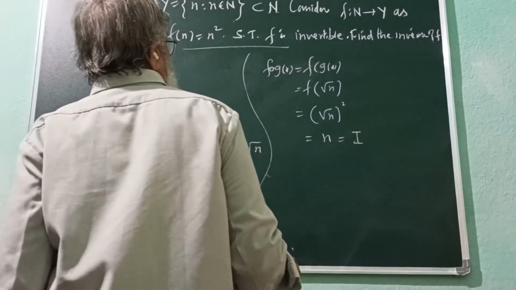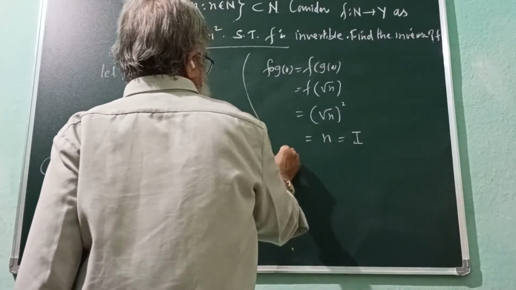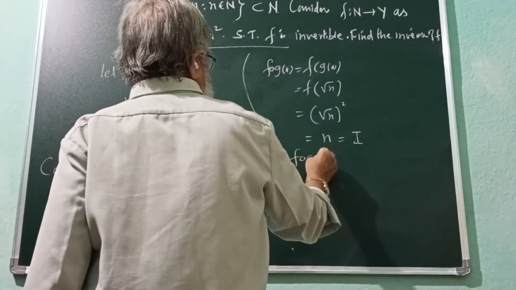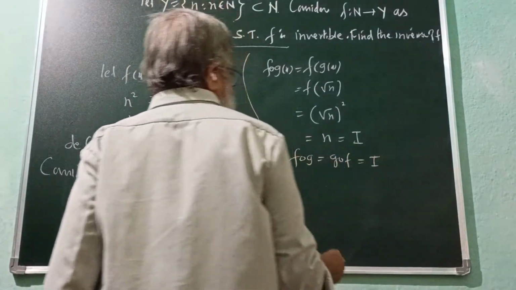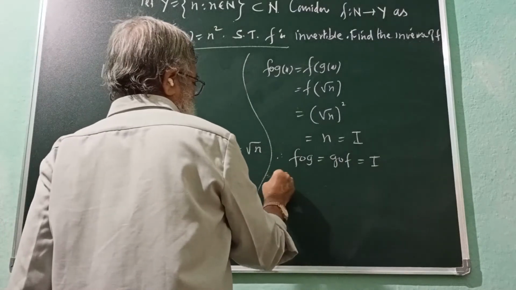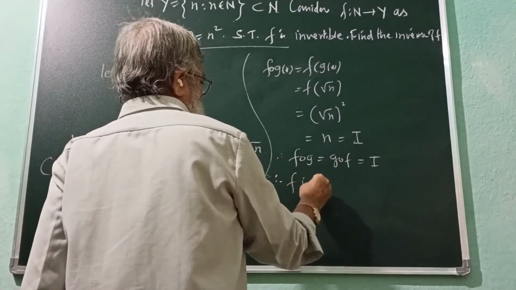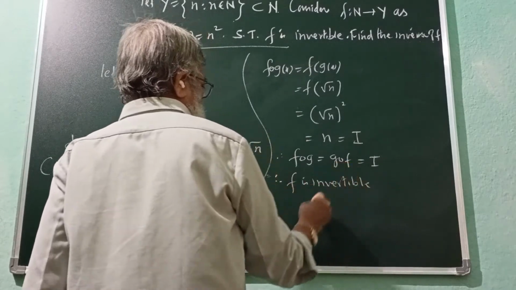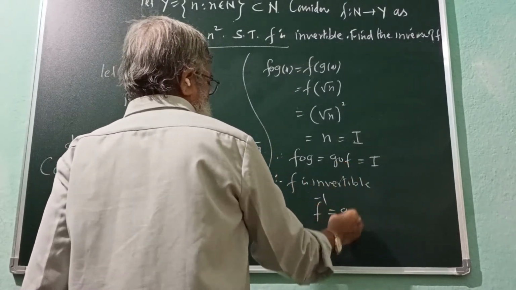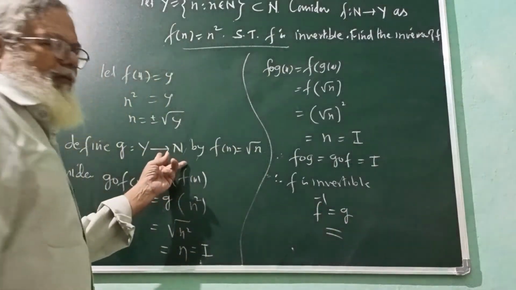Therefore, we can write f composition g is equal to g composition f, each is the identity mapping. Therefore, by the definition, f is invertible, and the inverse of f is given by g, which we have defined here.